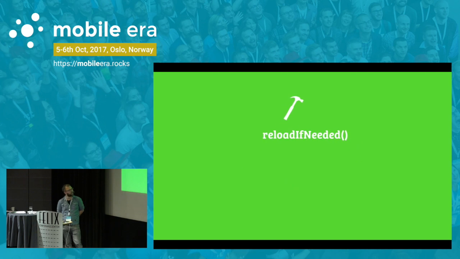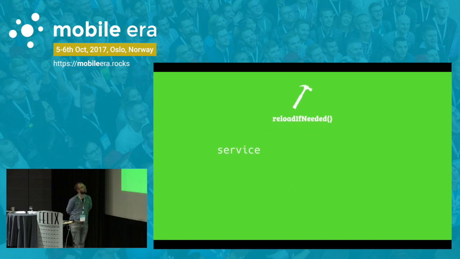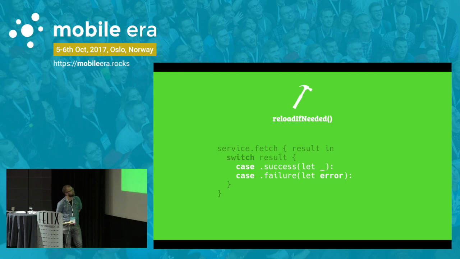So to give you a sense of what this looks like in an application, I'm going to show you a small snippet. Imagine this being something that's called in viewWillAppear. We have a service that we call fetch on. It returns a result type, which gives us back a success or a failure.